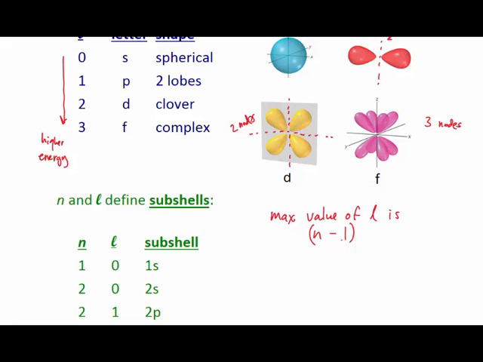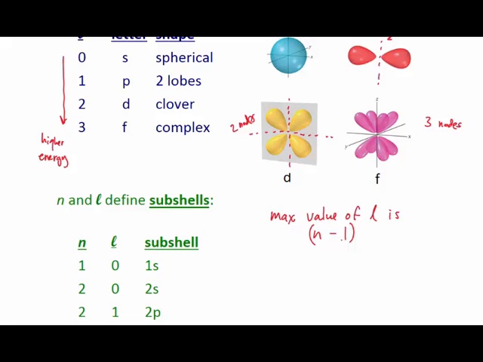Subshells are usually labeled with the n as well as the letter that subshell represents. So a 1s subshell would be a spherical orbital with electrons that are in the first principal quantum number. Any electron that's n equals 1 can only be in a spherical orbital like this.